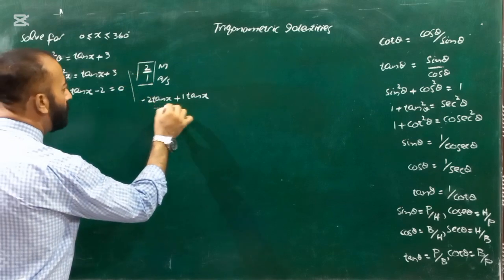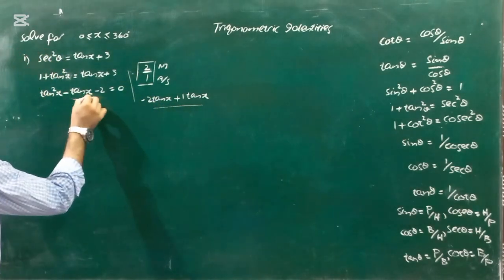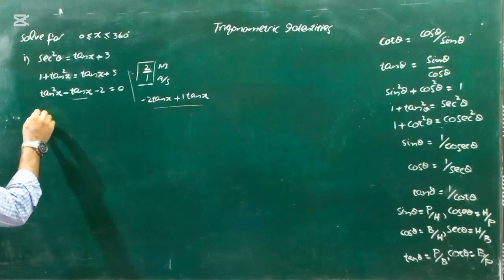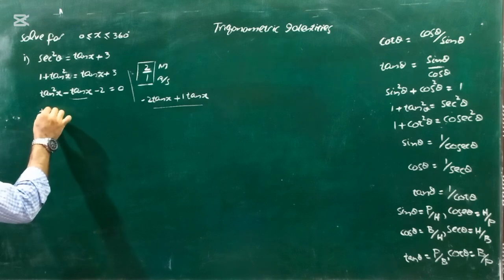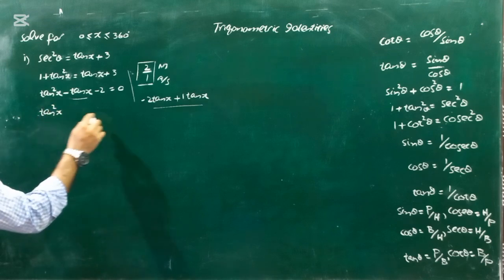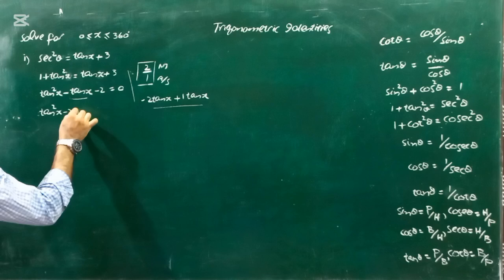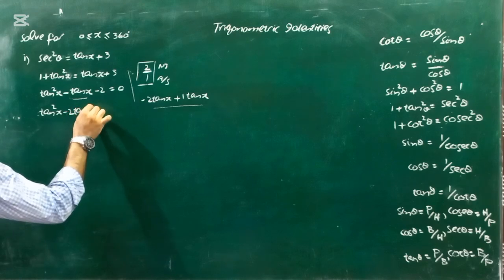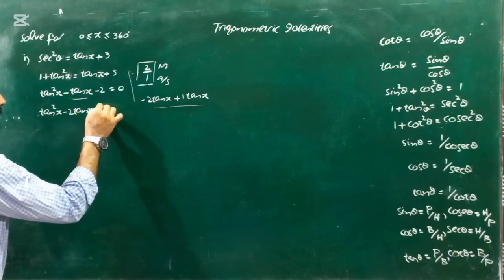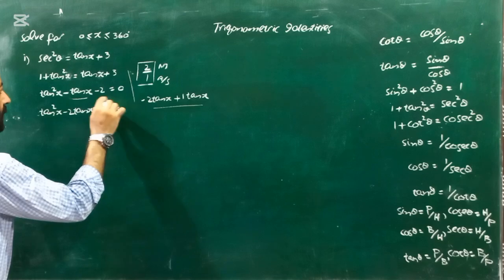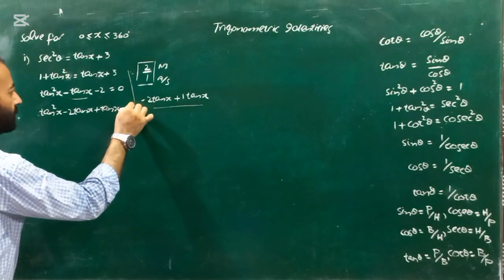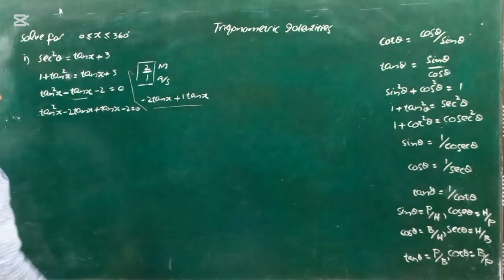Okay, now we are going to put these factors in place of the central value. So look now, tan square x minus 2 tan x plus tan x, this minus 2 equal to 0 will remain as it is.